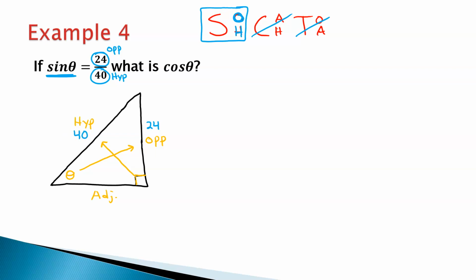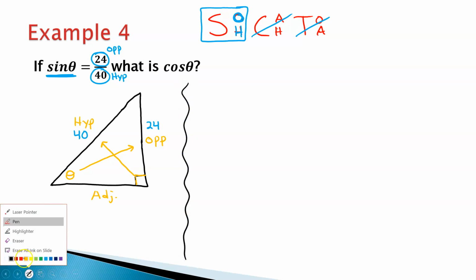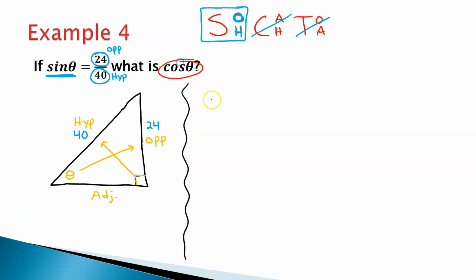Okay, so my job now that I have this picture is I want to figure out what is cosine of theta. Cosine of theta is equal to, if we look up here, adjacent over hypotenuse.